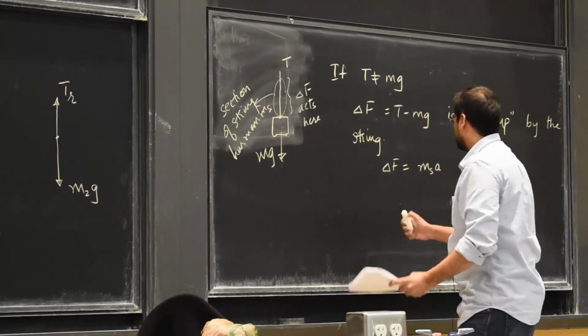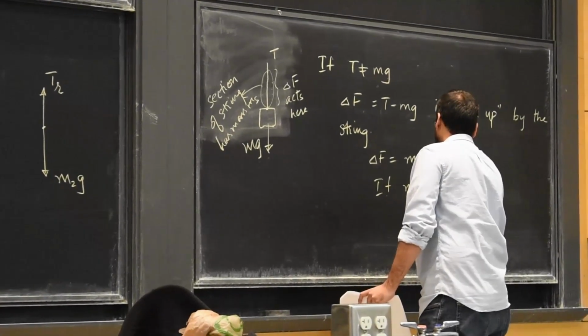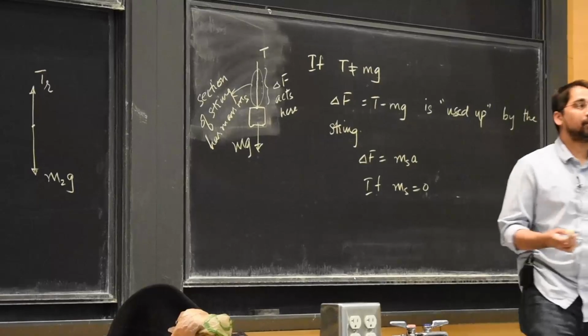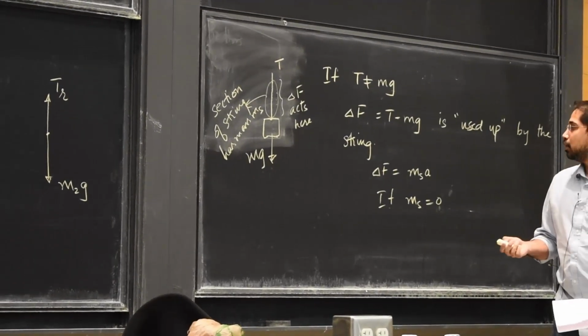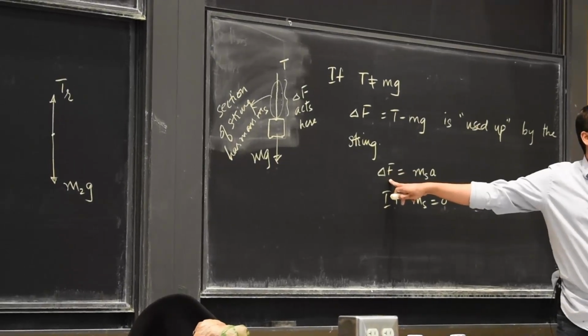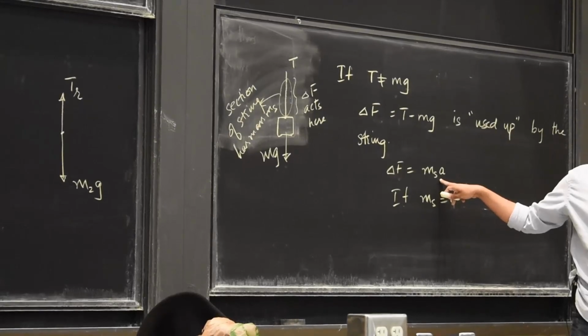But if ms is 0, we've considered massless strings. If this ms is 0 and this delta F is non-zero, what should be the value of A then?